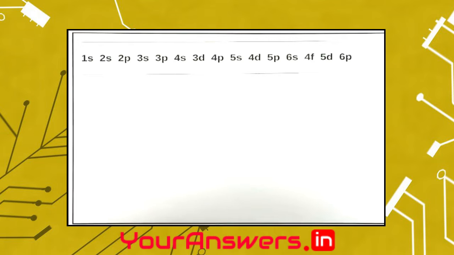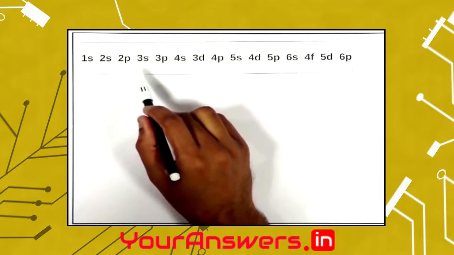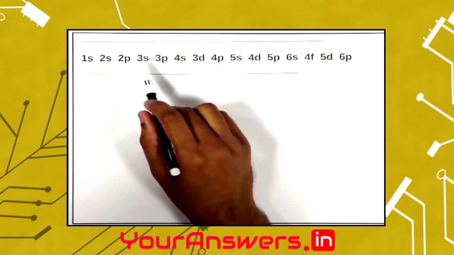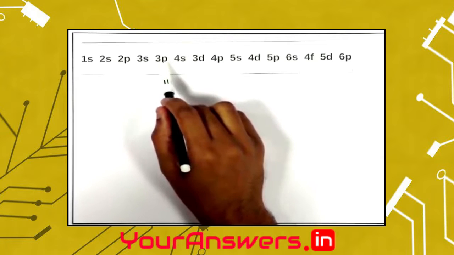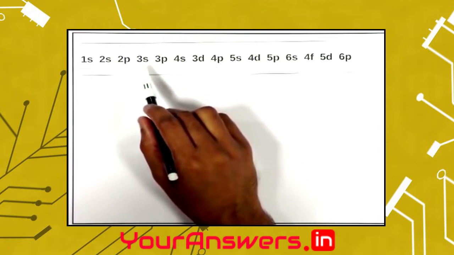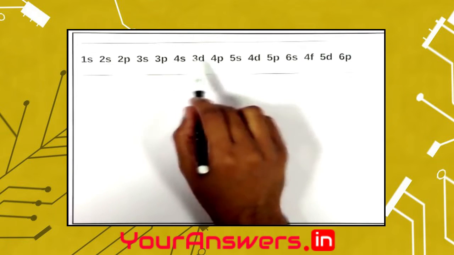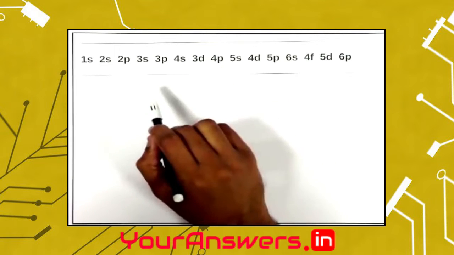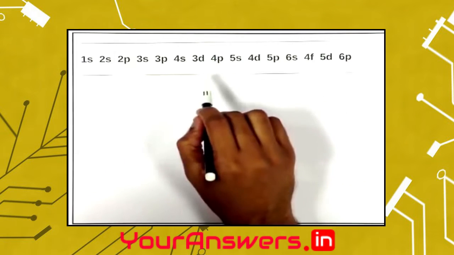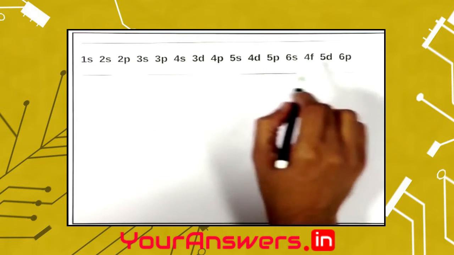The other observation is that if you fix a particular value of n, the principal quantum number, let us say 3, then for n equals 3, we have got 3s, 3p and 3d. You see that for a given value of principal quantum number, as you increase the orbital quantum number s to p to d, the energy is increasing, and this trend you actually see in all other principal quantum numbers, 4s, 4p, 4d, 4f and so on.